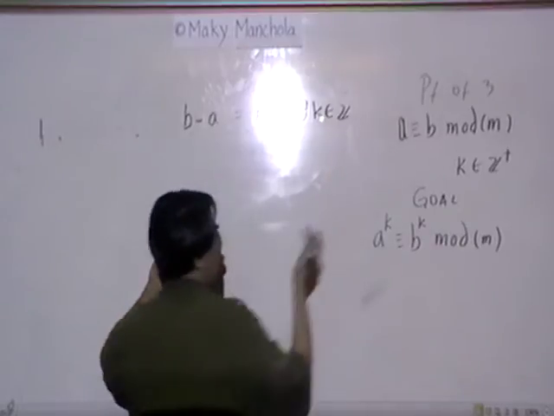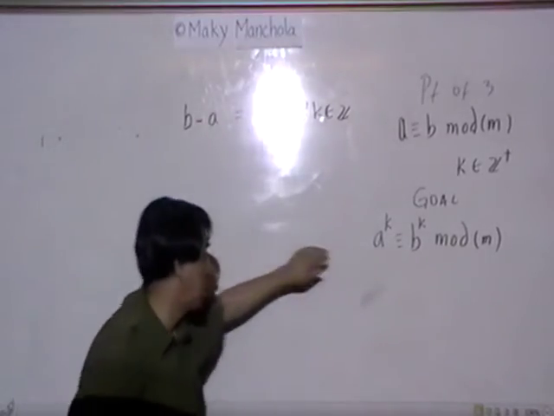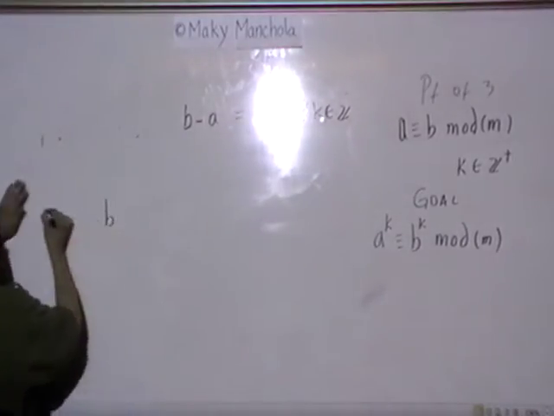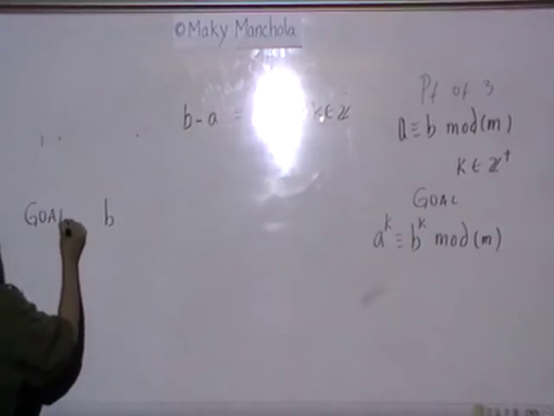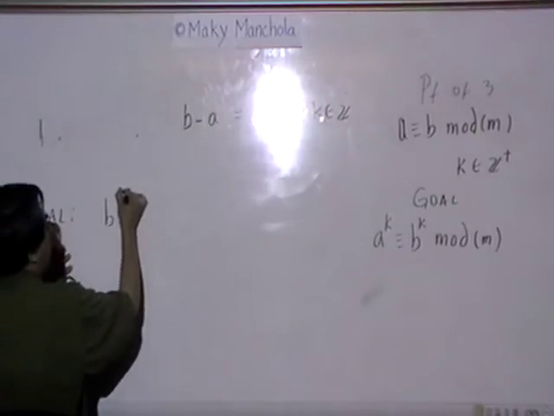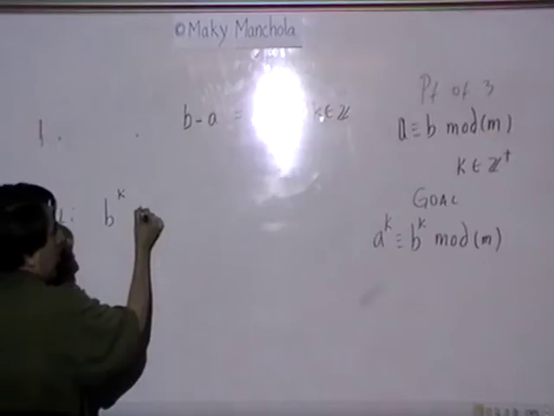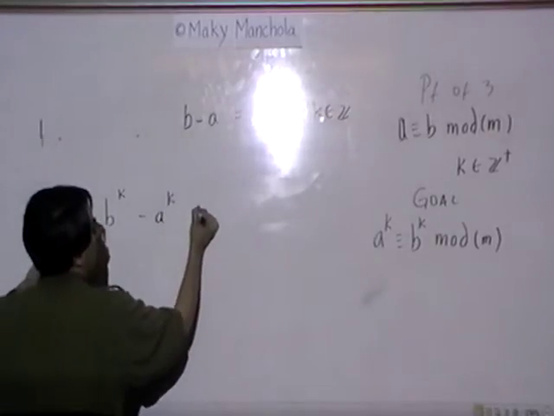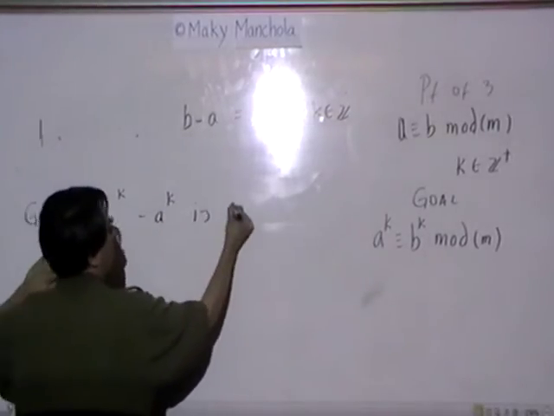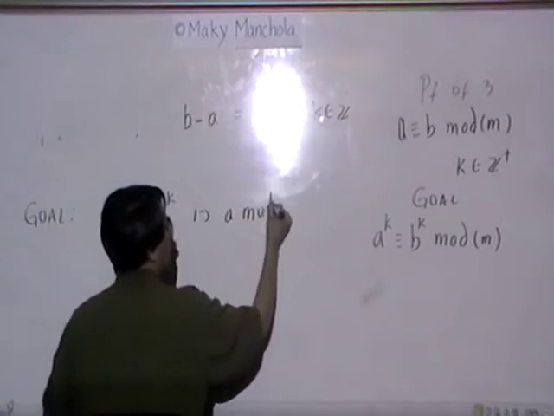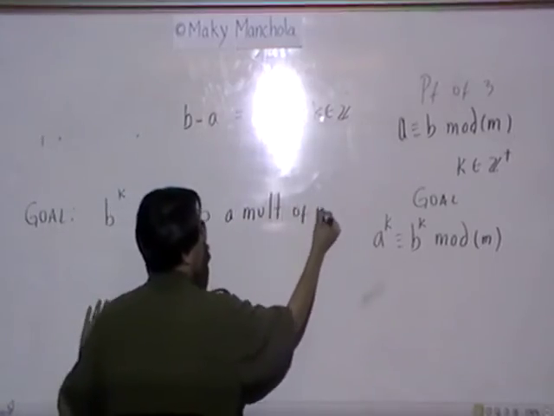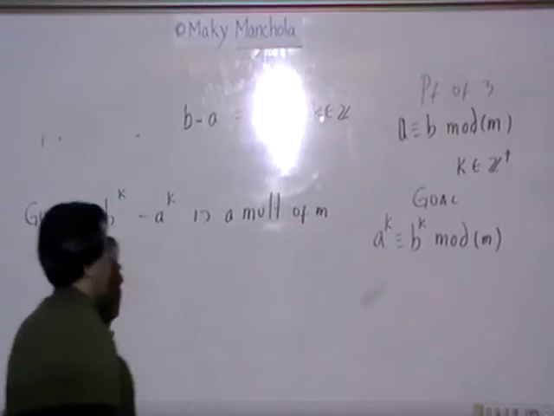We have that, that's a given. Now let's see what our goal is. The goal is to show that b to the k minus a to the k is a multiple of m.